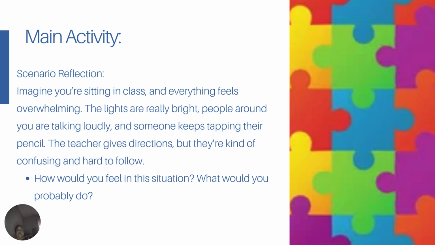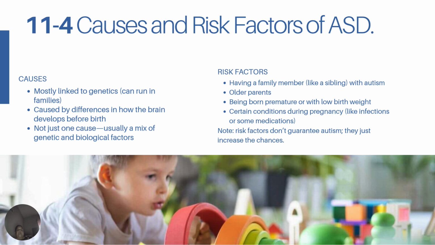Okay, let's move along. 11-4 Causes and risk factors of ASD. Causes: mostly linked to genetics, can run in families, caused by differences in how the brain develops before birth, not just one cause, usually a mix of genetic and biological factors.